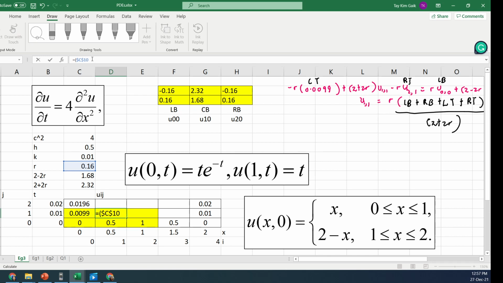So r times left top plus right top, which is E15, plus left bottom plus right bottom, plus 2 minus 2r, make it constant, multiplied by center bottom, divided by 2 plus 2r.